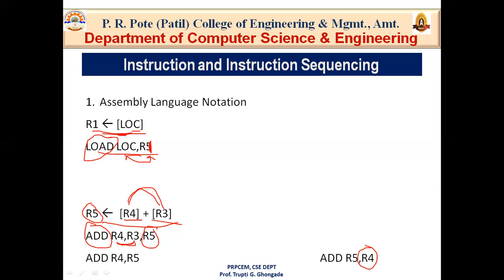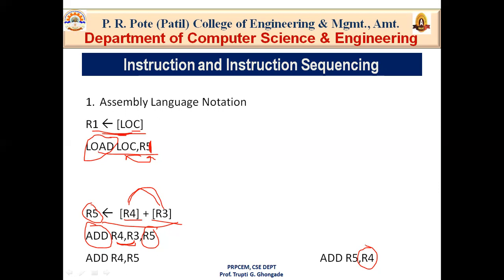So we are not updating a value here, we just copied the values and added them. But when we are performing the write operation, we are updating the value of R4. In the read operation, we are not updating the values of R5 and R4, we just copy them and add. But in the write operation, we are updating the value of register R4, because in R4 we are going to store our addition result, the destination.